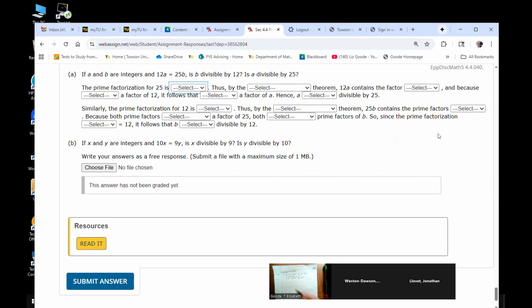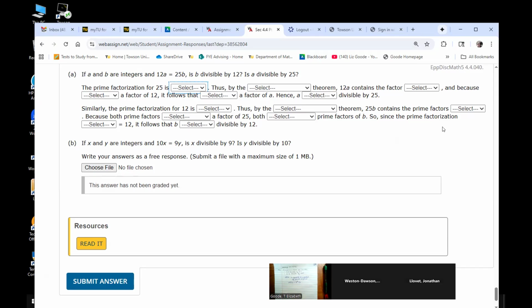Let's write that down: 25B is expressible as a product of powers of primes, or we could even just say of primes, and then you could gather them or not. I like your articulation here better, powers of primes. So what does it look like? We know 5 squared is going to be in there, and then B is something we don't know yet. So 25B is 5 squared times B.